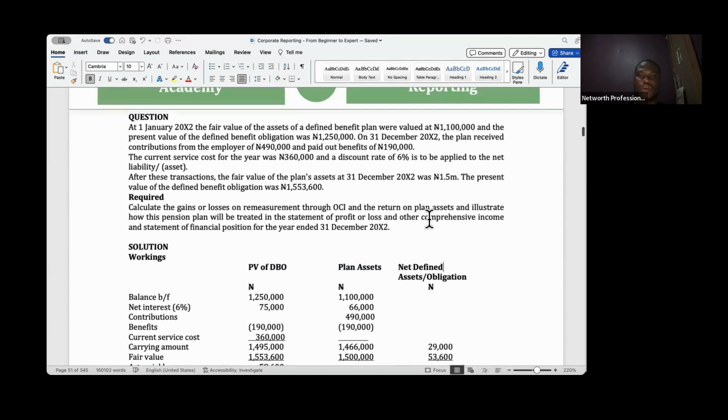So let's pick the figures one by one. They said at the beginning of the year, they gave us the fair value of the assets to be 1.1 million and the PV of the obligation to be 1,250,000. And that is why this represented the balance brought forward. For the obligation was 1.250 and for the plan asset is 1.1 million.